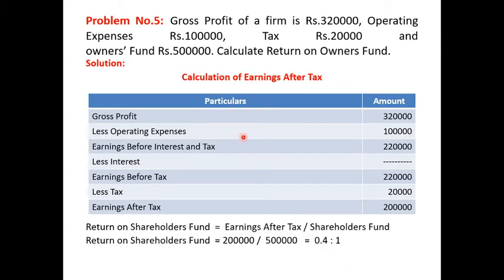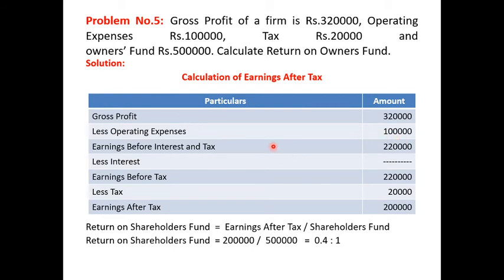The next problem is gross profit of a firm is rupees 3,20,000, operating expenses 1 lakh, tax 20,000 and owner's fund is also given 5 lakh. Calculate return on owner's fund. So this is the format to calculate earnings after tax. First we have to take gross profit 3,20,000.